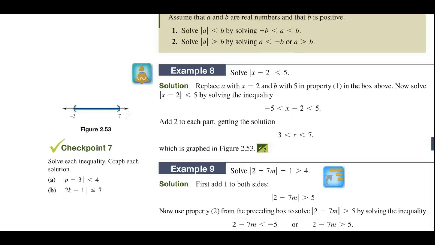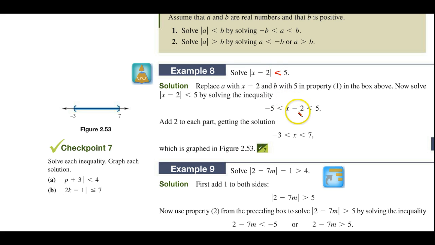All right, going on to example 8. Noticing the inequality sign that they give us helps us out a little bit. This is less than, so this is going to be a conjunction, and you can write it this way.